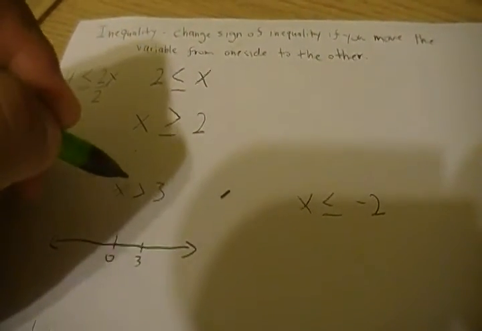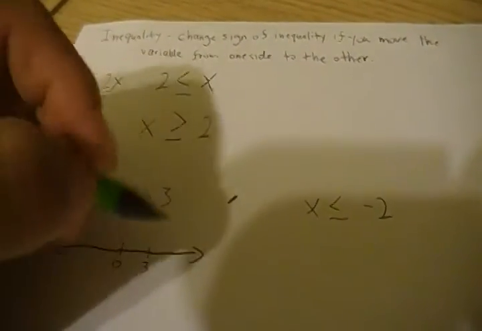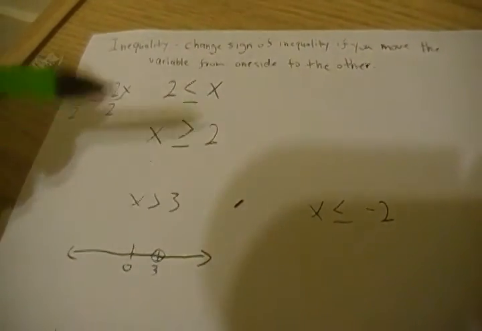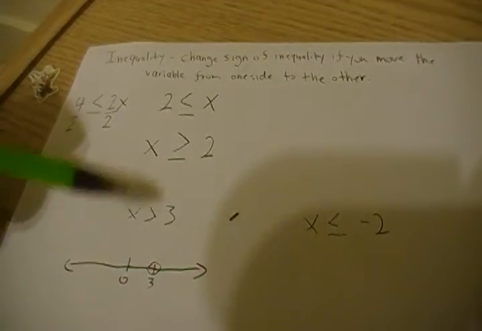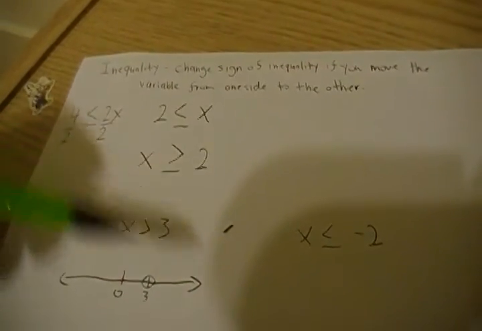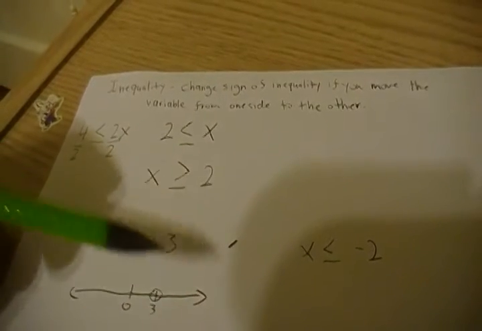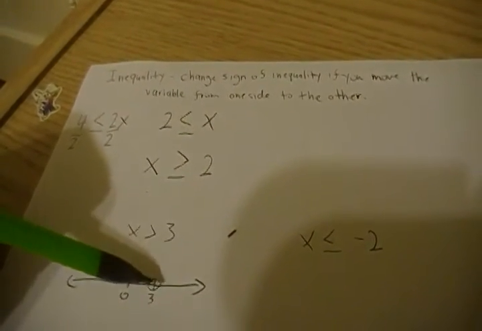At the point 3, we do not include that point because it's just greater than. So we just put an open circle. So if x is greater than a number, say 3, then we go to the right.